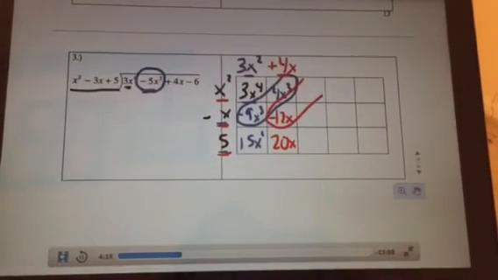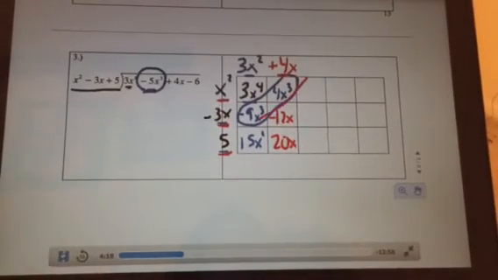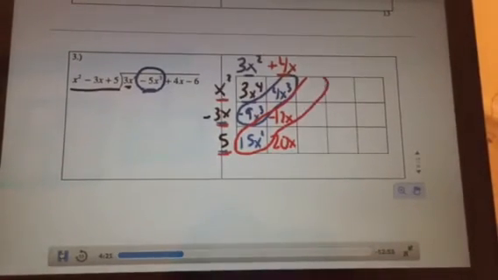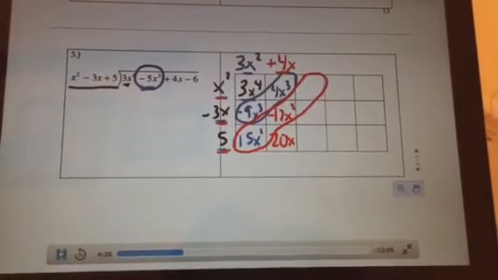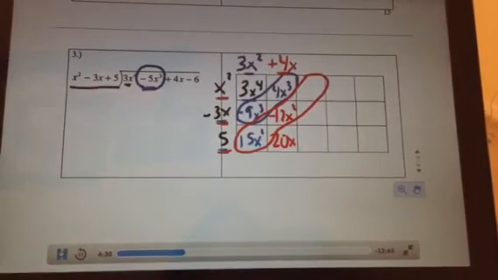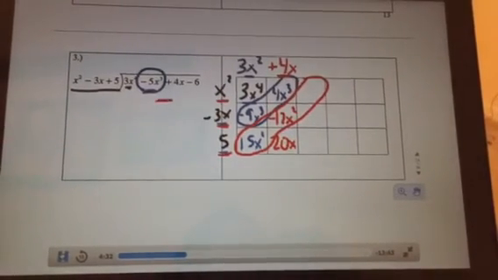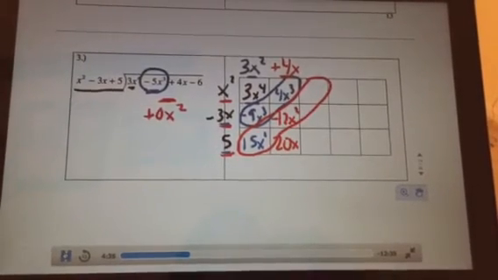Now I focus on this right diagonal. Oops. Take a look. It's not just 2 terms on this diagonal, it's 3 terms. So right now I've got to remember my x squared first of all, but I've got 15x squared take away 12x squared, which is 3x squared. I don't have any x squareds in my dividend. My placeholder is 0x squared.